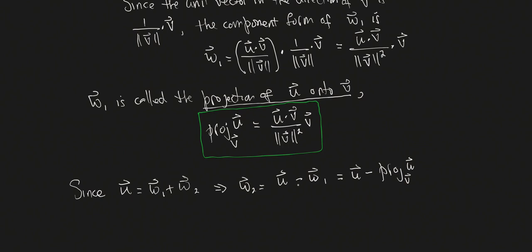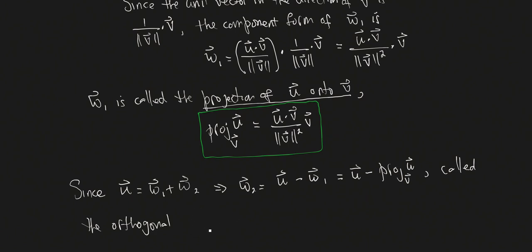So this is the formula for it, and this is called the orthogonal projection. Actually, no, this is the orthogonal component of the projection.